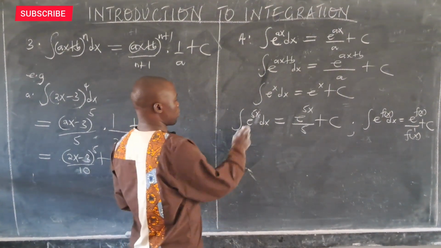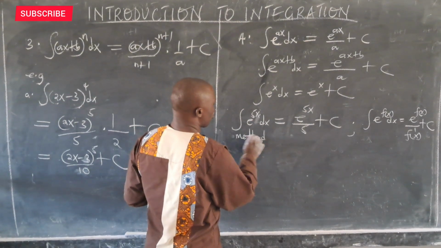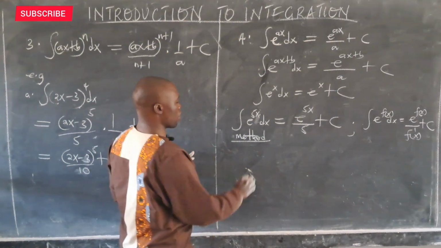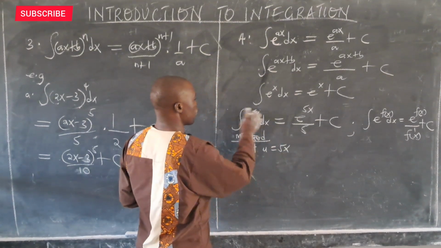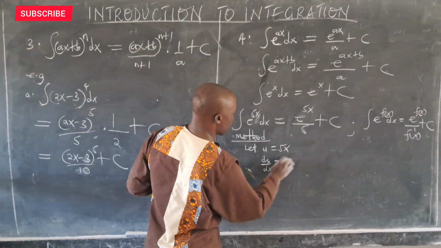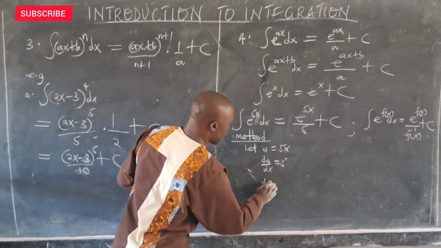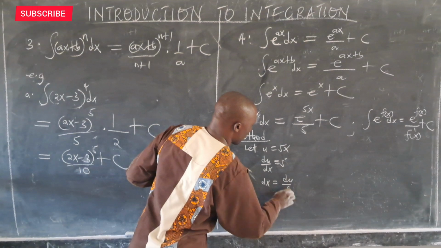So the expanded method for this expression would be, you can use substitution or change of variable by letting u be 5x. So du dx is 5. So dx alone gives you du out of 5.